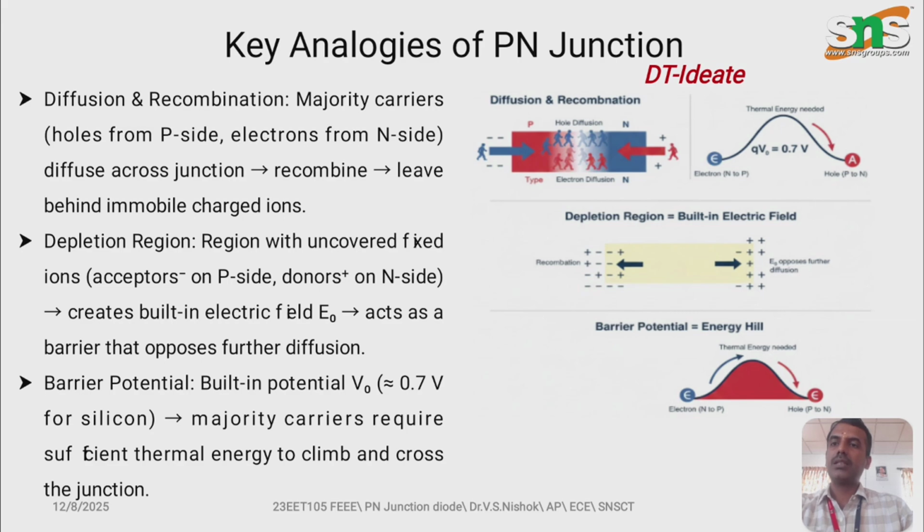So that is the next analogy, depletion region. This depletion region will create an electrical field with the barrier voltage of 0.7, which does not allow any further diffusion. So coming to the barrier potential, this 0.7 volt of barrier voltage will stop the flow of electrons further.